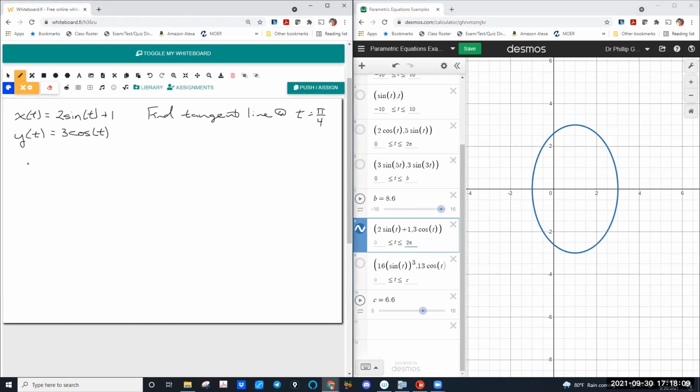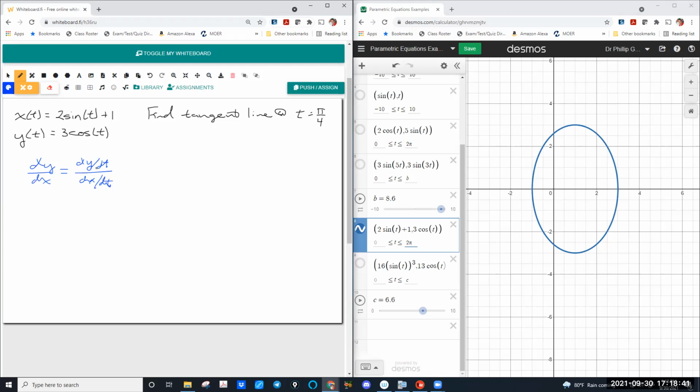Well, let's talk about what we need. We're going to be plotting this tangent line in the xy plane. So we need to find dy/dx. Well, it's a nice little trick that we're going to do, and this will go not just for this, it'll also be for polar when we do polar next time too. dy/dx, well, we can do dy/dt over dx/dt.